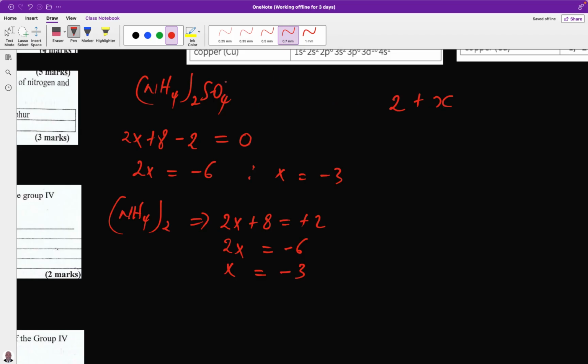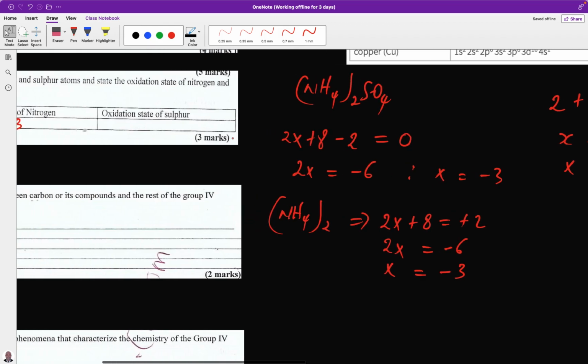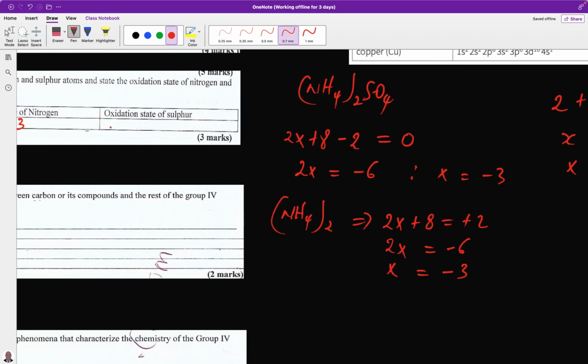Then oxygen is -2, so -2 times 4 is -8. We give it equal to 0. So 2 plus x minus 8 is x minus 6, which equals 0. x now will be equal to +6. So we can now say that sulfur is +6.